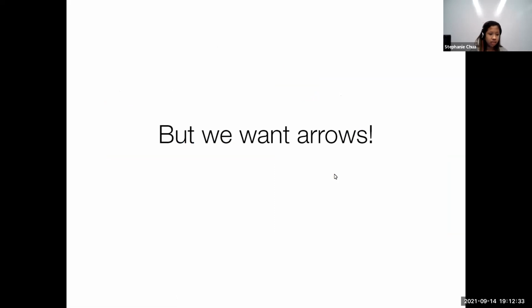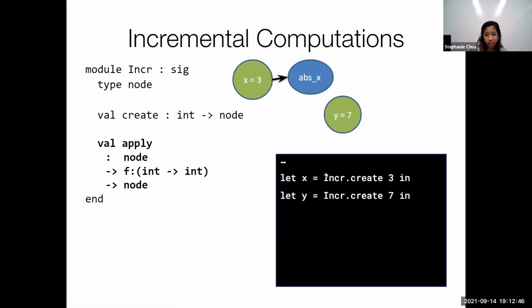Our graph is nothing without just nodes. We need the arrows to show the relationship between these nodes. So that is done by a new function, apply. Apply takes in a node and a function f and returns a node.